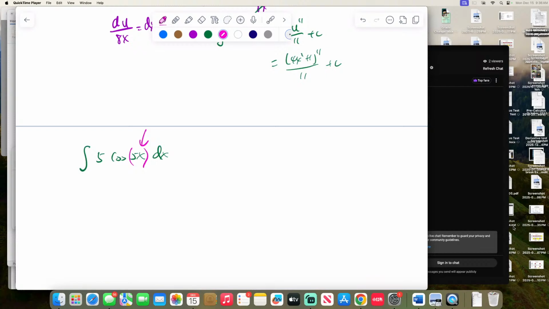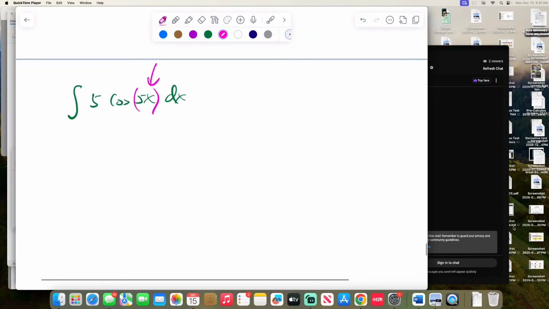The reason why I use u equal to 5x is because if you do u equal to cosine of 5x, then it's going to be negative sine 5x after you take a derivative, and there's nothing you can cancel. But in this case, with the 5x and 5, you're going to see that. U equal to 5x, what's du? 5 dx.